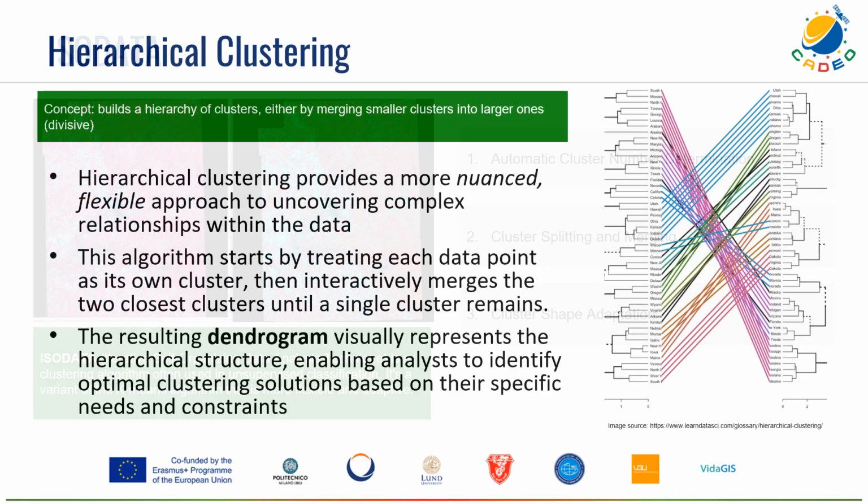The next one, hierarchical clustering. Hierarchical clustering is a method that builds hierarchies of clusters by either merging smaller clusters into larger ones or splitting larger clusters into smaller ones based on a measure of similarity.